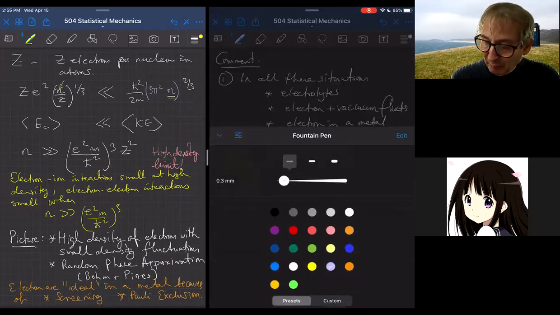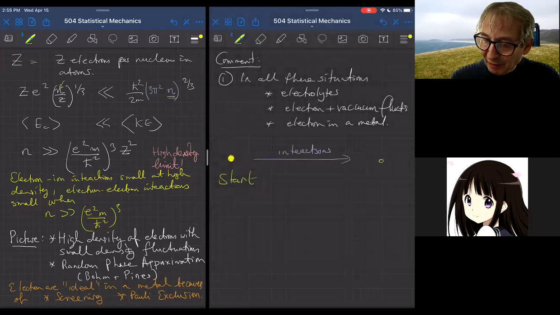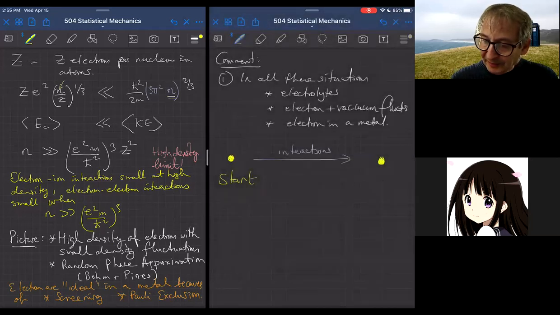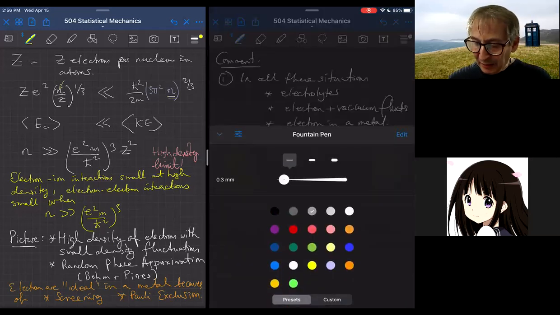And then what you end up with is the picture of the electron, so there it is again, plus the screening cloud around it. I'll write it like this, trying to show the decay with distance.